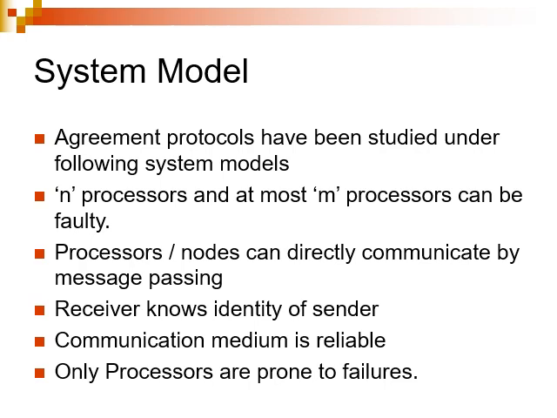Processors or nodes can directly communicate by message passing, and the receiver knows the identity of the sender, and the communication medium is reliable, and only processors are prone to failures. Processors or nodes may fail. So this is the system model where there are n processors, and out of n processors, m processors may be faulty, communication medium is reliable, and only processors may fail.